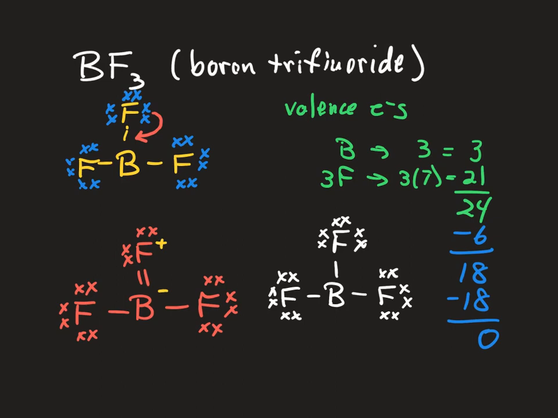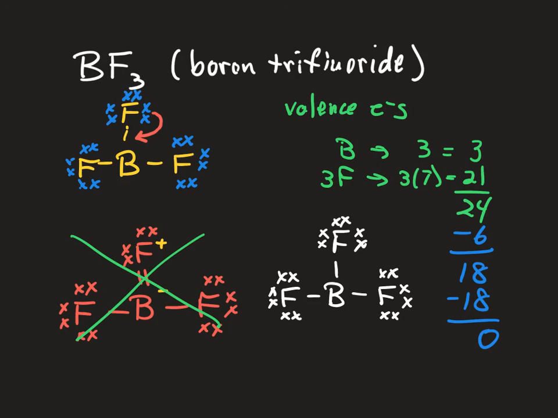So to get an octet, we have to give this electronegative atom a positive formal charge. And by the way, boron is a relatively electropositive nonmetal atom, so we've got this electropositive boron with a negative charge.